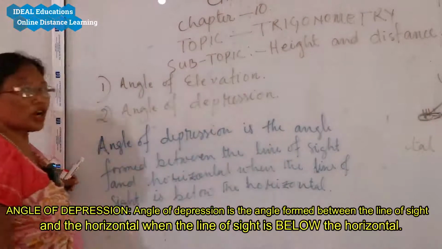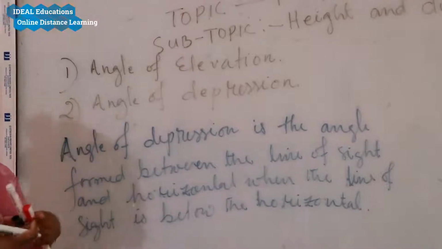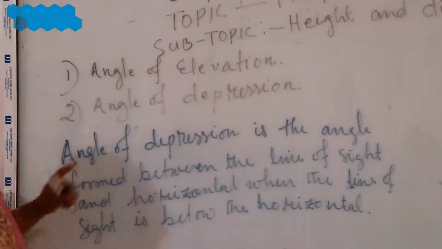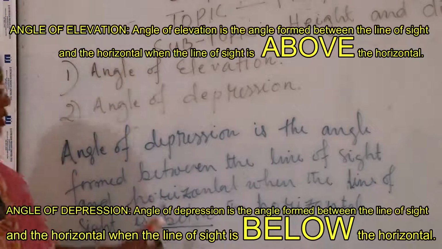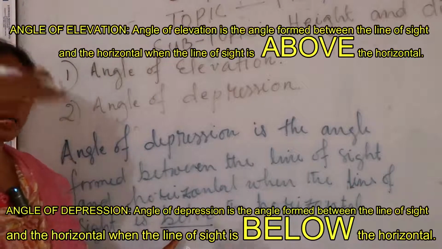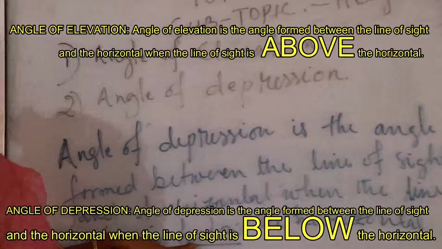It is the definition of the angle of depression. The difference between angle of elevation and angle of depression is only this: in the angle of elevation, it is mentioned about above the horizontal. In the angle of depression, it is below the horizontal.